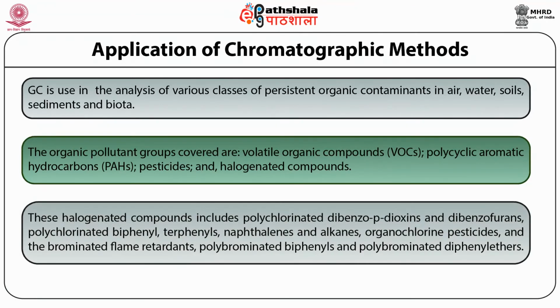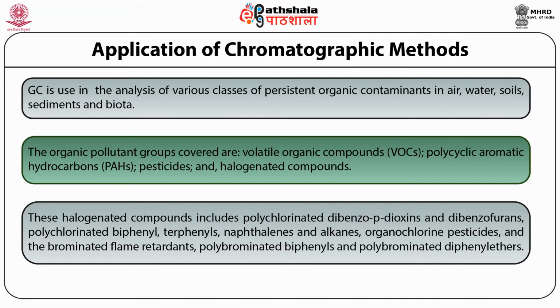These halogenated compounds include polychlorinated dibenzodioxins and dibenzofurans, polychlorinated biphenyls, terphenyls, naphthalenes, and alkenes, organochlorine pesticides, and brominated flame retardants, polybrominated biphenyls, and polybrominated diphenyl ethers, as contaminants in the water and the air.